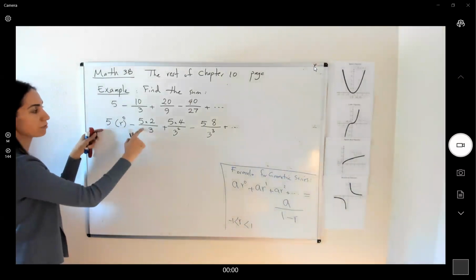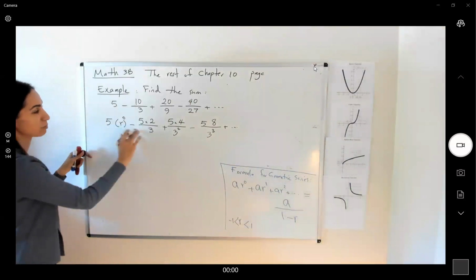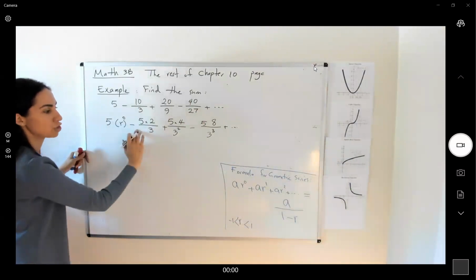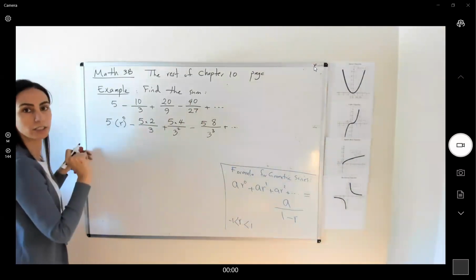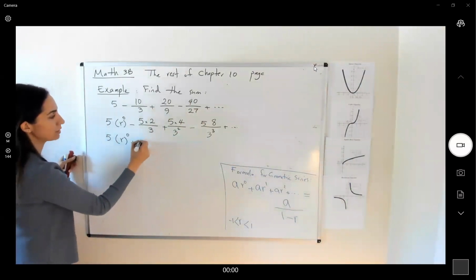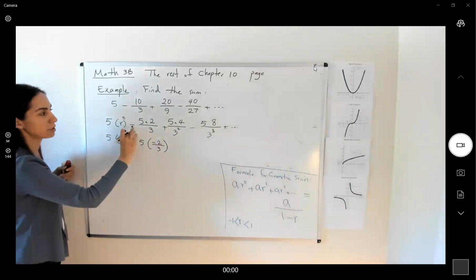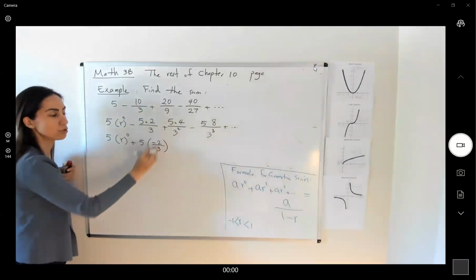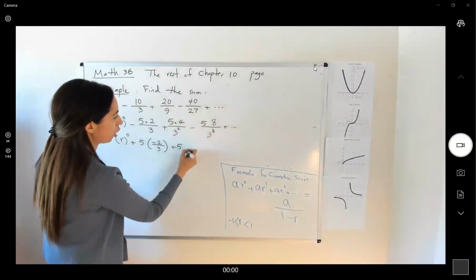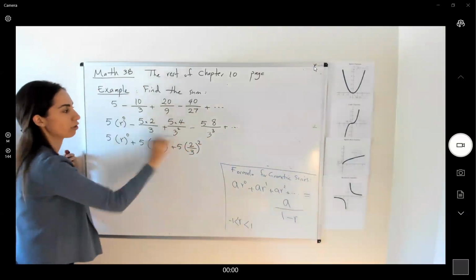So I have 5 multiplied by all of these terms. But instead of having addition, I have a negative sign here. I have 5r raised to 0 plus 5 times negative 2 thirds. Then the next one is 5 times 2 thirds squared, since 4 is 2 squared and 9 is 3 squared.